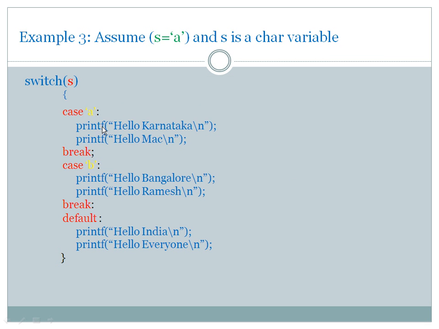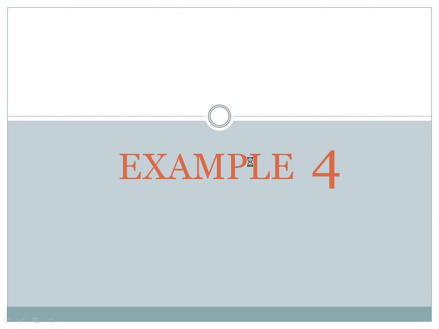Whenever we use a character as a case constant, we have to use single quotes, that is, the single inverted comma. Whenever there is A in S, hello Karnataka, hello Mac will be printed. Whenever there is B in S, hello Bangalore, hello Ramesh will be printed. In this case A matches, and we get hello Karnataka, hello Mac as output.